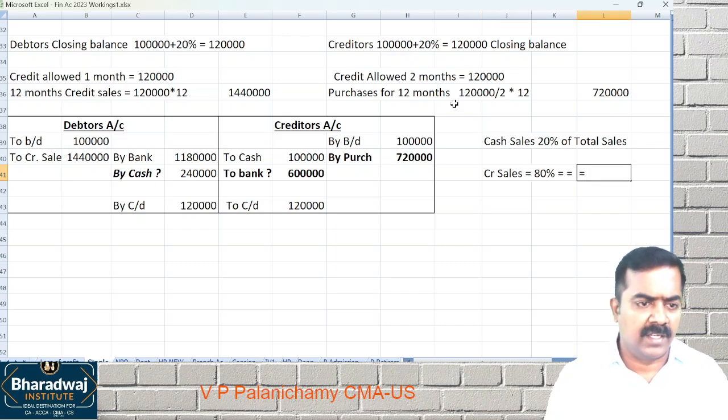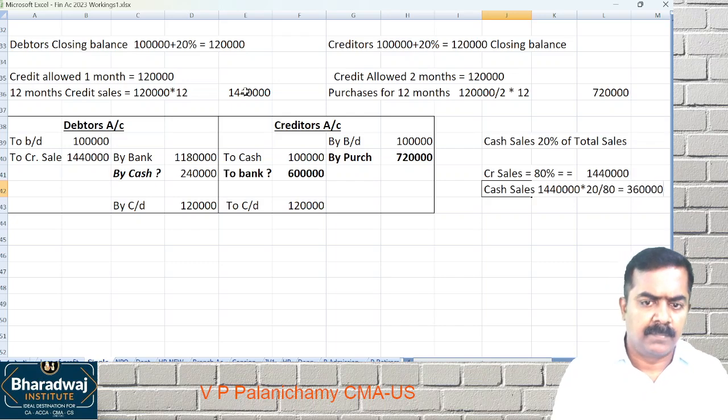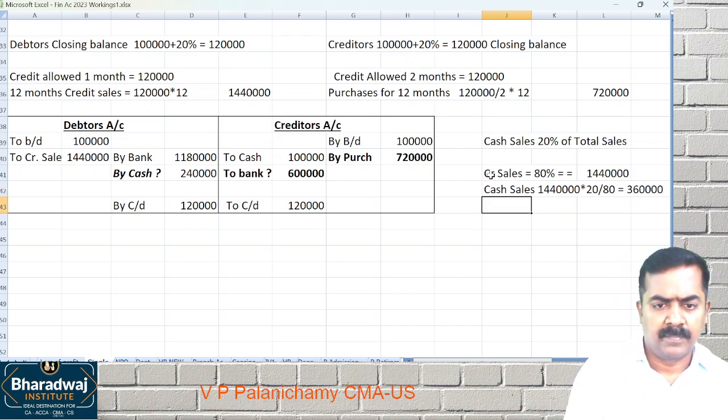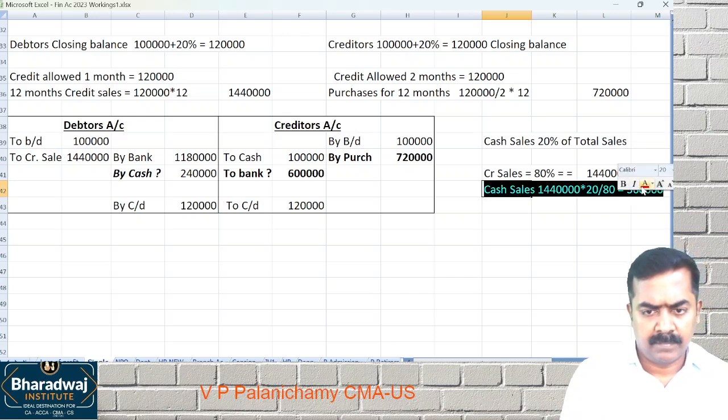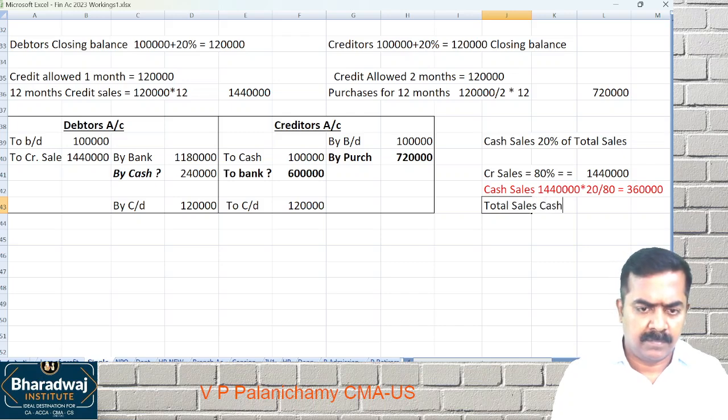Credit sales 14 lakh 40 னா cash sales எவ்வளோ? Cash plus credit sales எவ்வளோ இருக்கும்?